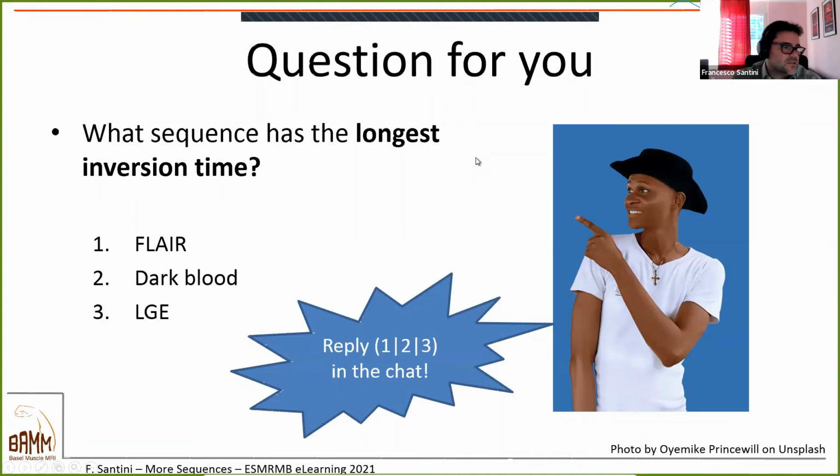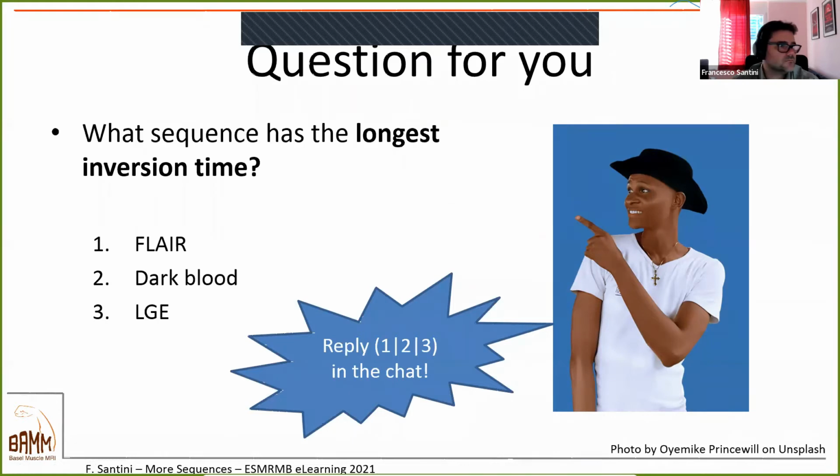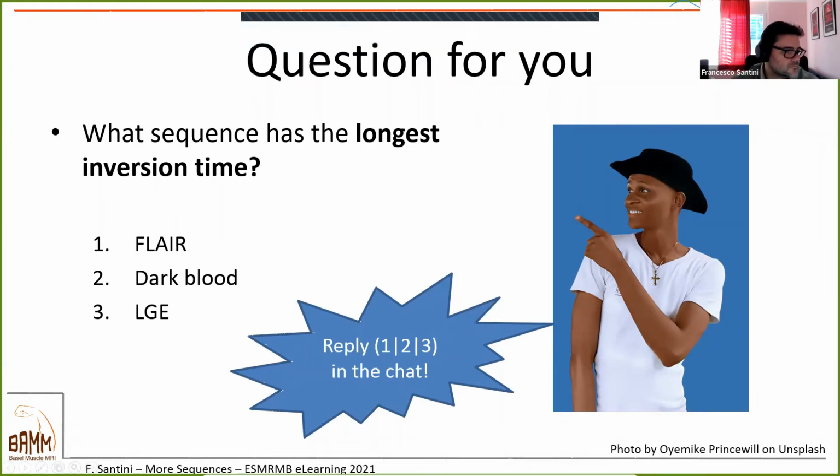Okay, so based on what we have said, what is the sequence that has the longest inversion time? The flare sequence, the dark blood sequence, or the late gadolinium enhancement sequence? Write in the chat.